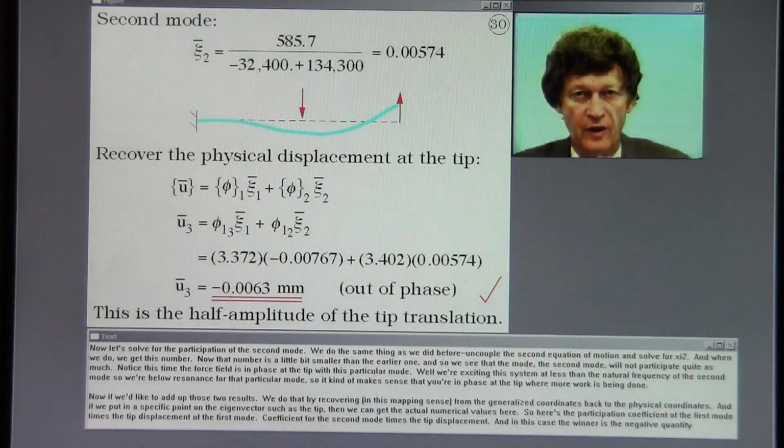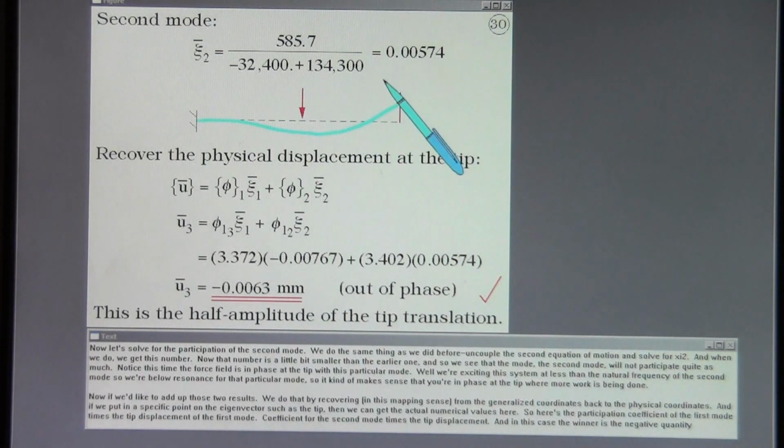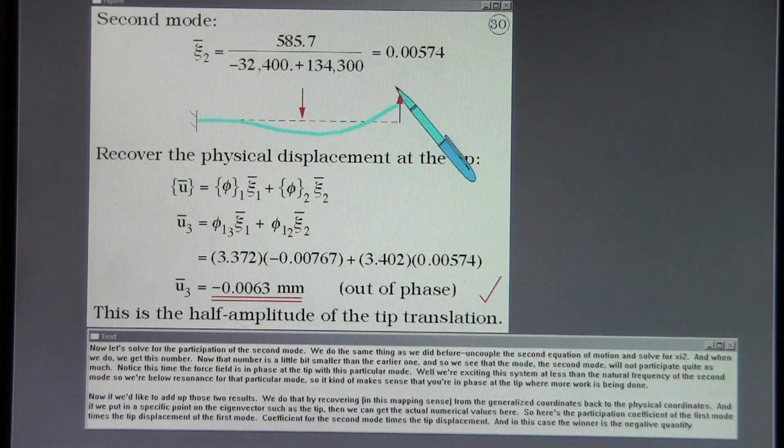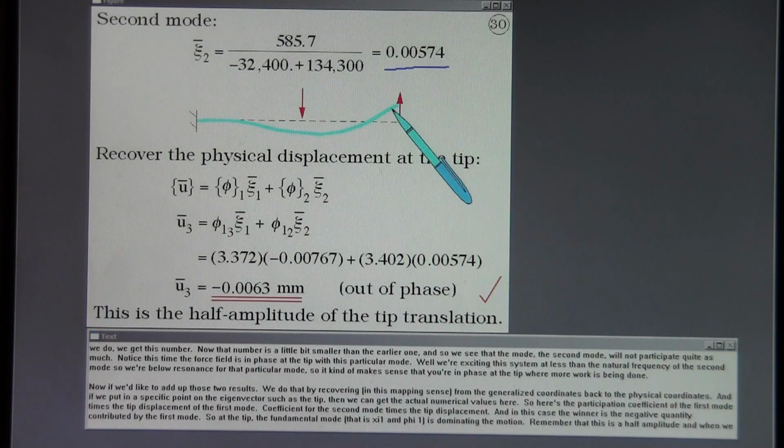Now let's solve for the participation of the second mode. We do the same thing as we did before, uncouple the second equation of motion and solve for C2. And when we do, we get this number. Now that number is a little bit smaller than the earlier one, and so we see that the second mode will not participate quite as much.